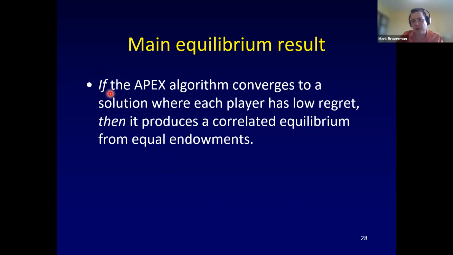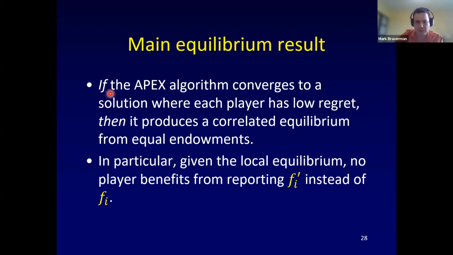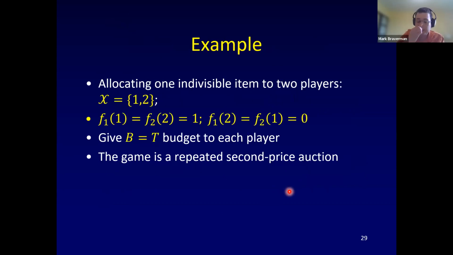So it gives you a heuristic that is at least one-sided, in the sense that if you get a solution, you know it's a good solution. The only risk is that it might not converge. If you make conditions strong enough, I think there are examples where it's PPAD hard, but in practice it should work in many cases. In particular, if you find such an equilibrium, then no player benefits from reporting some other utility function but not their actual utility function.